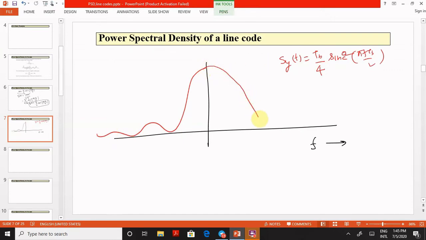I hope you got the point. It is symmetrical, so kindly bear with me. So this can be the power spectral density variation, and the magnitude can be Tb/4.